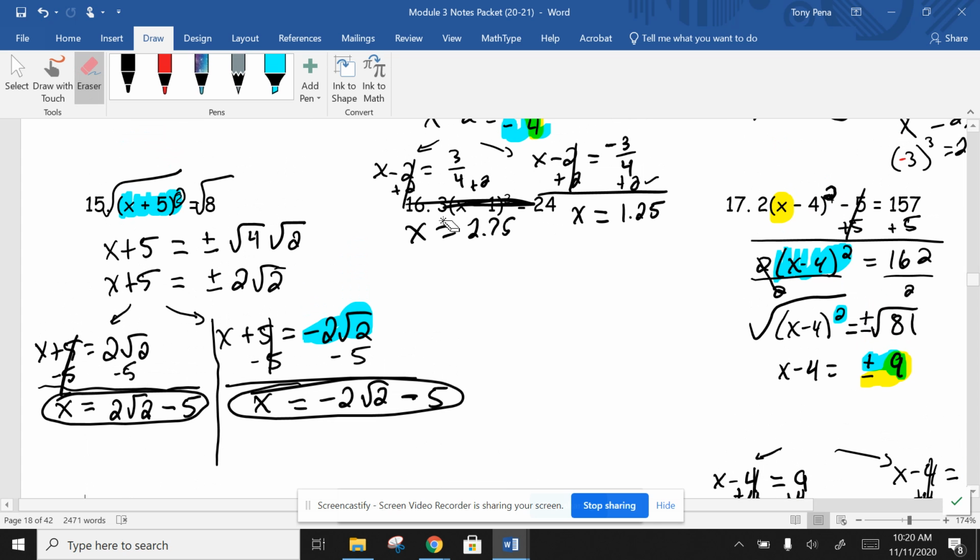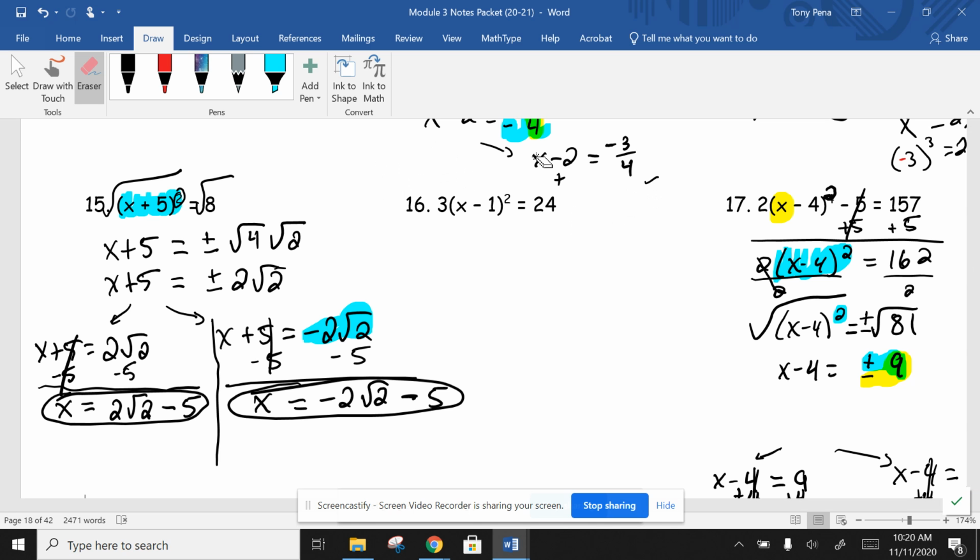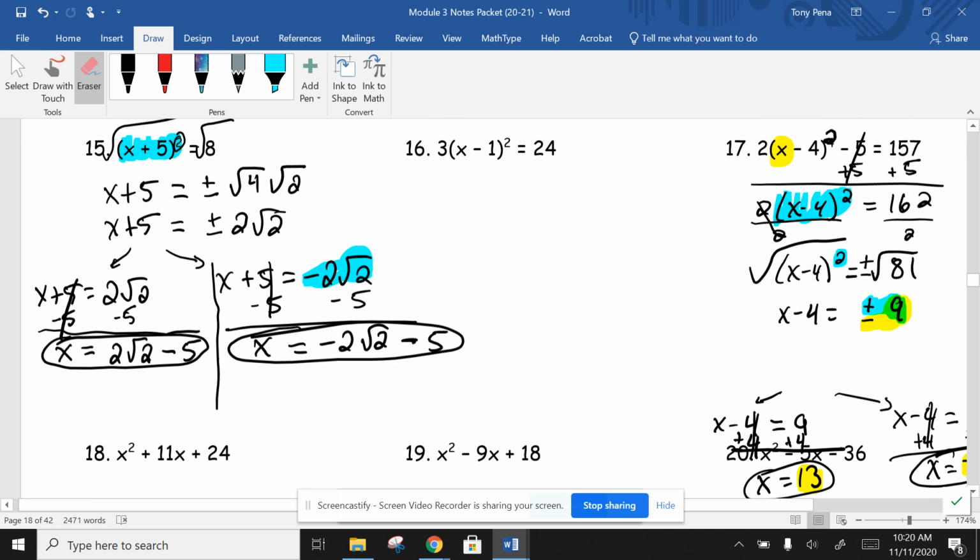All right. So last one of these on your paper. I'm going to give you a minute, see if you can get through this one. And then we still have some more to do underneath, but it's a little different type of question. Try number 16, see what you think. So get that squared by itself, get rid of it, solve whatever results, just kind of go through all those steps and see what we can get to. If you can do this one, you're in pretty good shape right now. This would be one that I would anticipate some major problems come a quiz or a test.